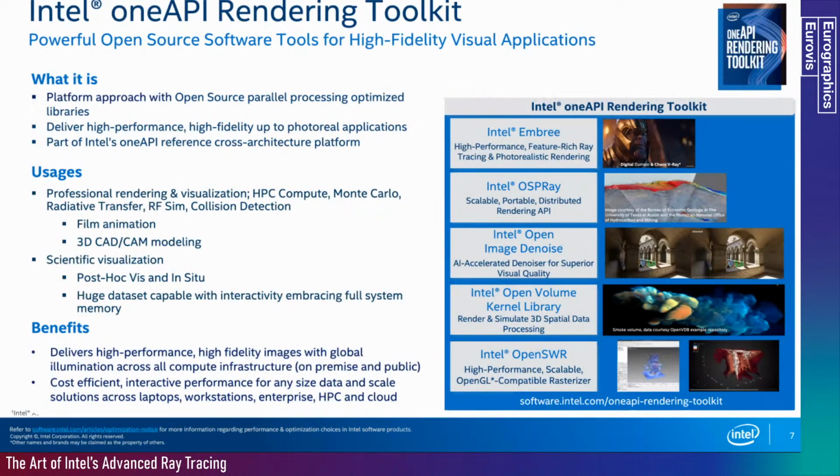Let me talk a little bit about our offerings, where we are with them. Last year, we branded our package of offerings into something called the oneAPI Rendering Toolkit. This allows you to develop a variety of applications, all software-based interfaces that are open.